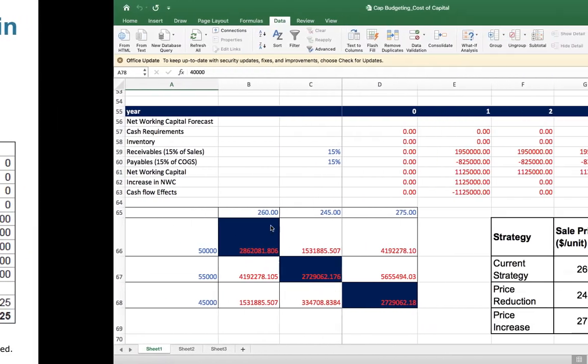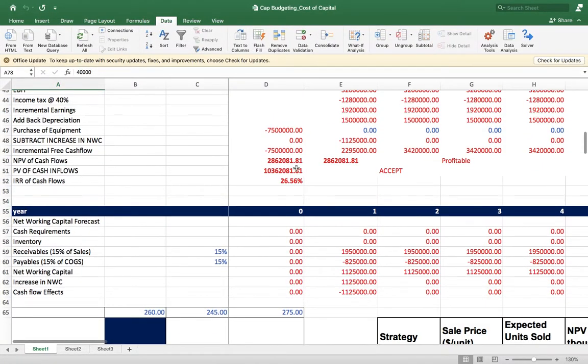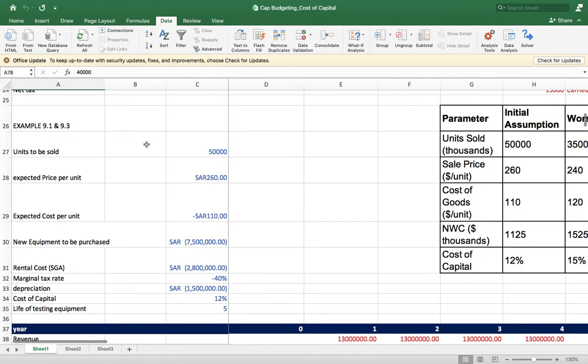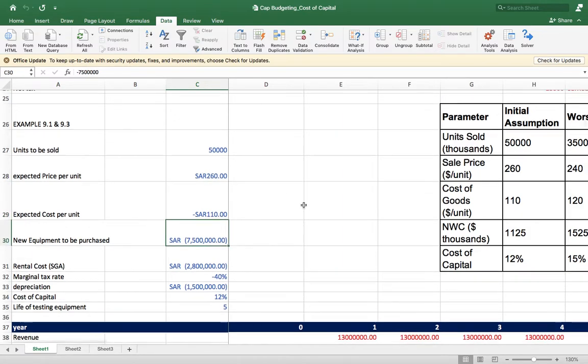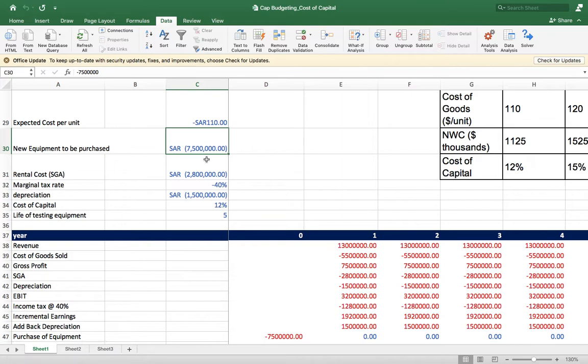Let us calculate this; this is the given information. Units sold 50,000, expected selling price 260, expected cost price 110, new equipment to be purchased minus 7.5 million, other selling, general and administrative expenses 2.8 million, marginal tax rate 40%.